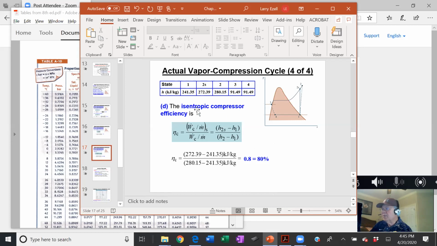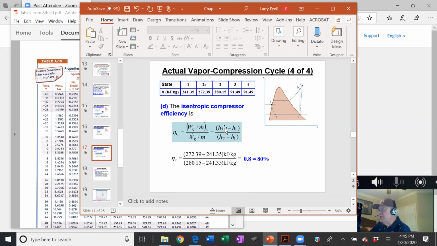Now the isentropic compressor efficiency, as I've defined it in the formulas I gave you for a compressor, is H1 minus H2S over H1 minus H2. He likes to do the negative of it and make both of these positive numbers. That's fine. By the way, this little S here means isentropic. My notation is WCS is isentropic work, WCA is actual work.